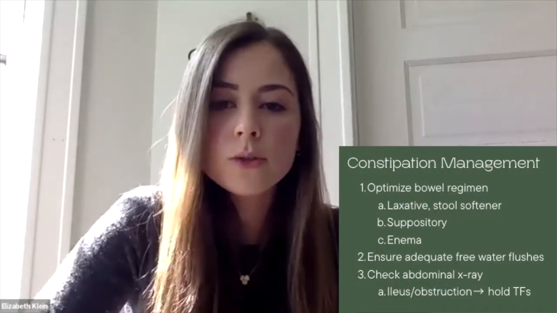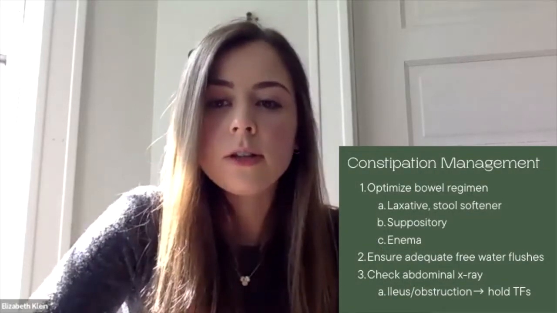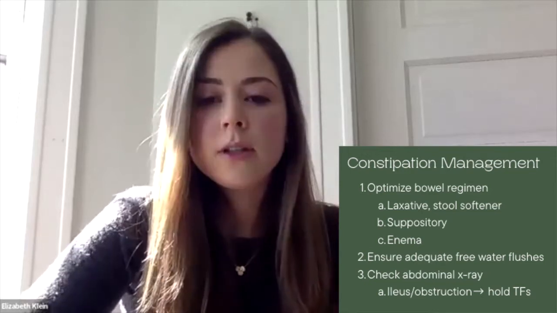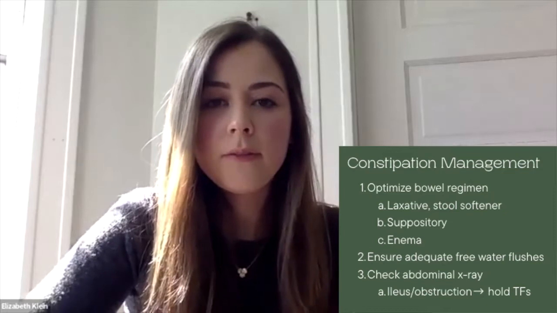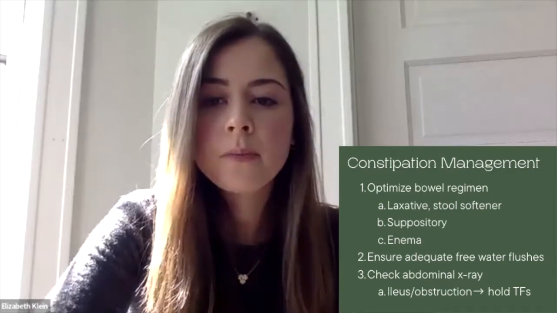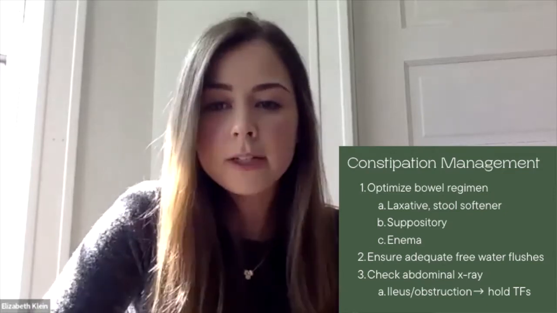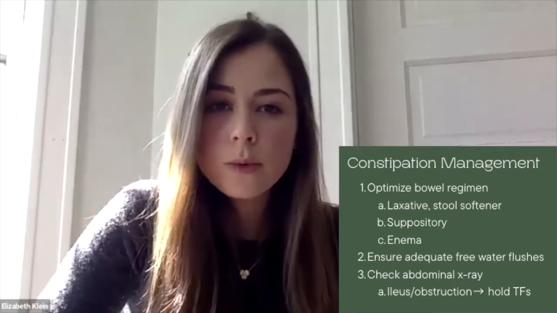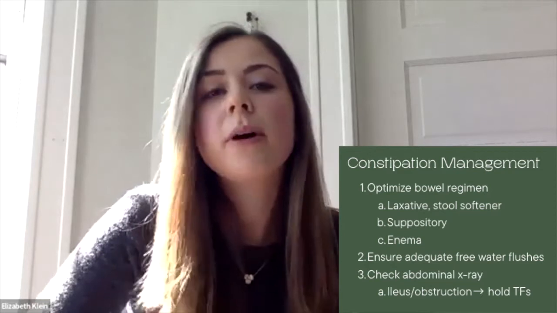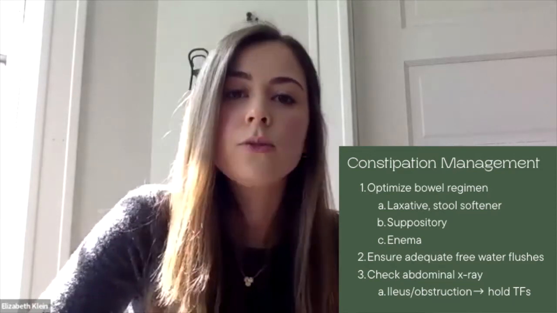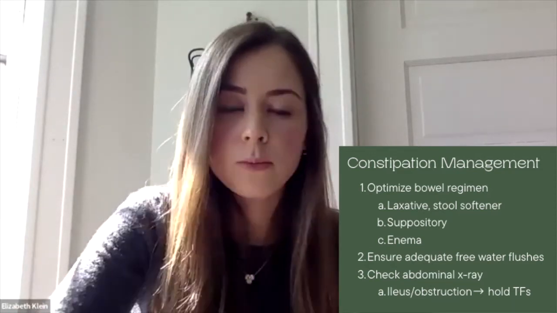And so what can we do for constipation or abdominal distension? Typically, if a patient's getting constipated, they might feel more bloated, might have a more distended abdomen. So how do we manage this? First, we want to try and optimize their bowel regimen, or the medications that they're getting to promote regular bowel movements.